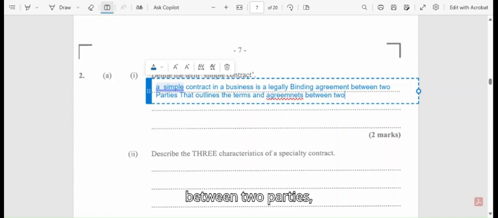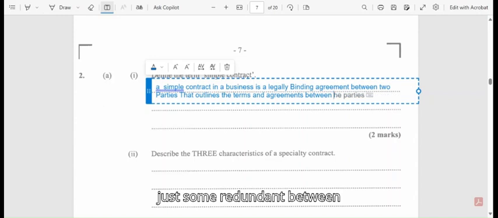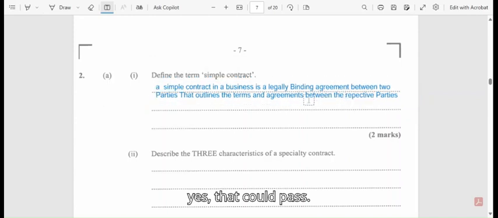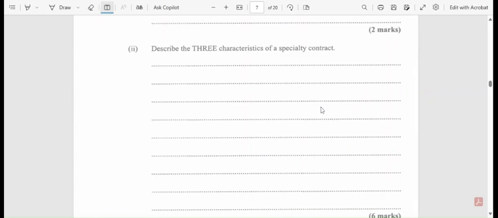It's a legally binding agreement between two parties that outlines the terms and agreements between them. There's just some redundant wording with "between the respective," just both parties. Yes, that could pass. So that's that for that.